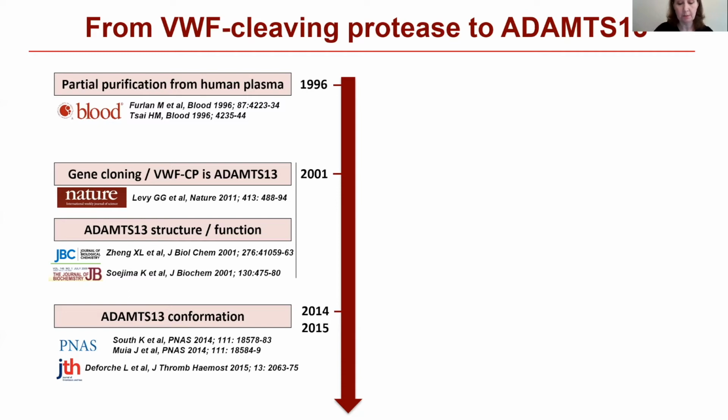In 20 years, many fundamental studies have been devoted to better elucidating ADAMTS13's structure and function, especially its interaction with von Willebrand factor. In 2014 and 2015, very interestingly, several groups from Belgium, the Netherlands, and the US identified that ADAMTS13 conformation was not unique, but in contrast could change either in physiologic or in pathologic conditions.